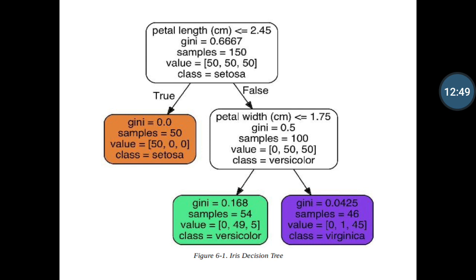And another part of the decision tree of the iris dataset has the values gini is equal to 0.0425, samples is equal to 46, value is equal to 0, 1, 45, class is equal to virginica. These are all the values depending upon the concept behind the decision tree executing the program.